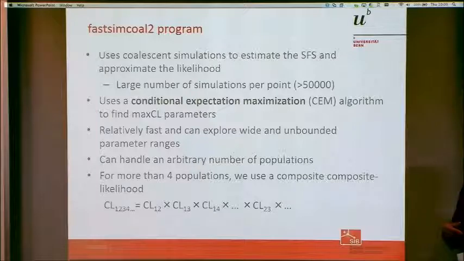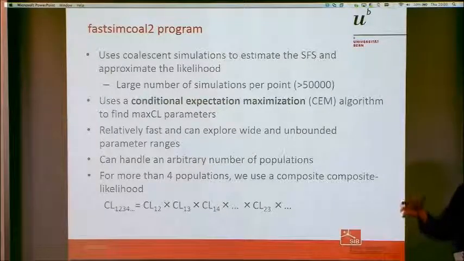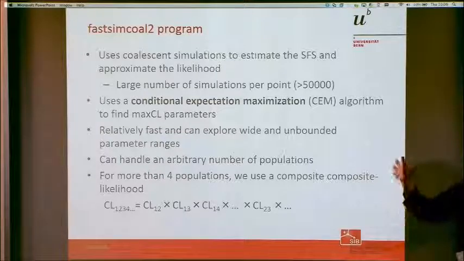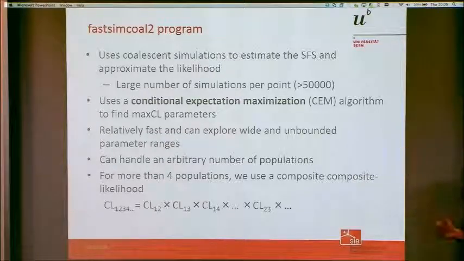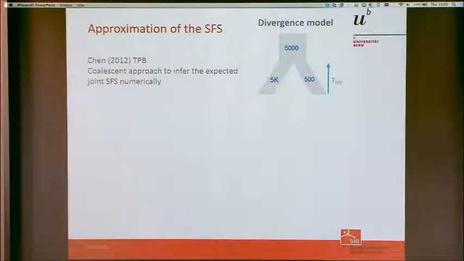Because if you have too many populations, the site frequency spectrum itself in multiple dimensions explodes. You have billions of entries, and it is impossible to estimate all the entries of this multi-dimensional site frequency spectrum. Of course, this imposes some penalty, but we didn't find any other way to deal with this large number of populations.